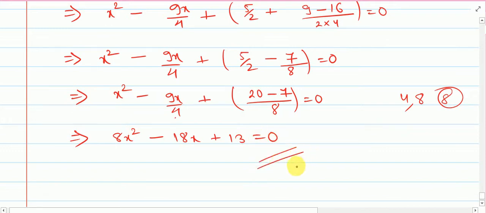So this is the quadratic equation, okay, which will have roots as alpha plus 1 by alpha and beta plus 1 by beta, where alpha and beta are the roots of the given quadratic equation that we had initially.